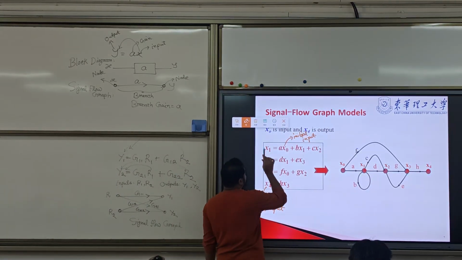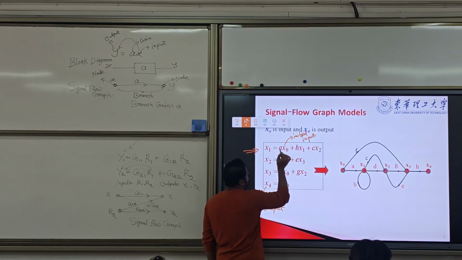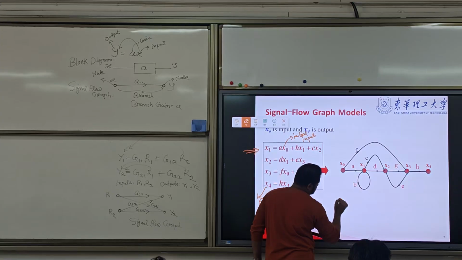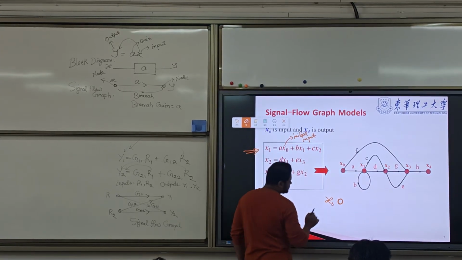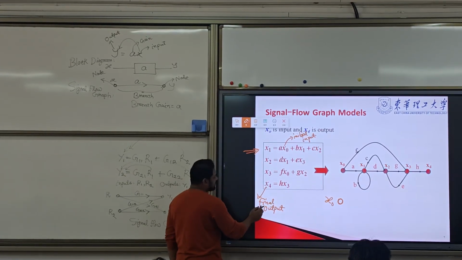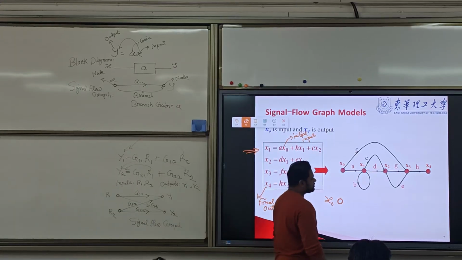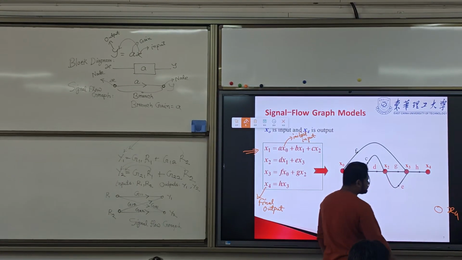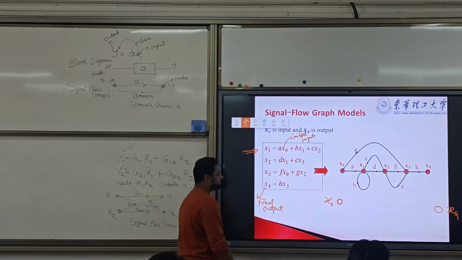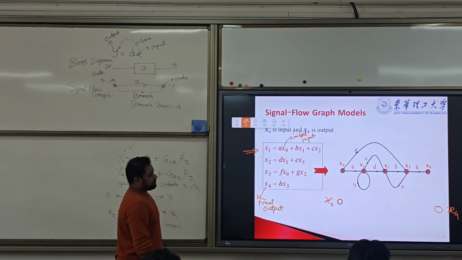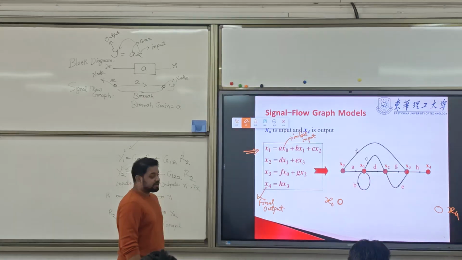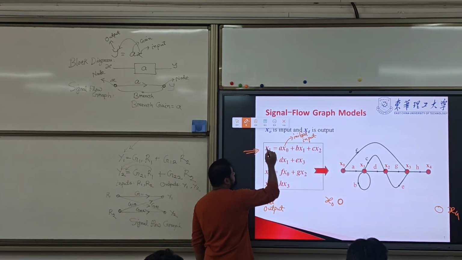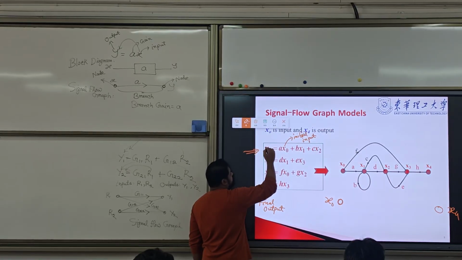So for this equation, we have the input already, x0, and the final output here is x4. Now, in between there will be some other variables. We have first here the first output.